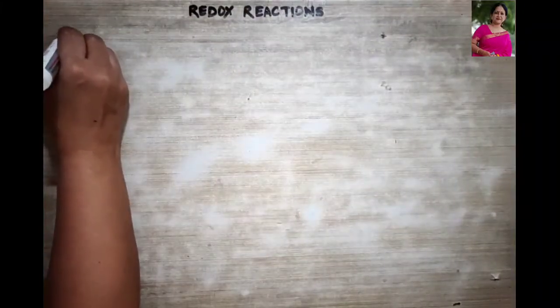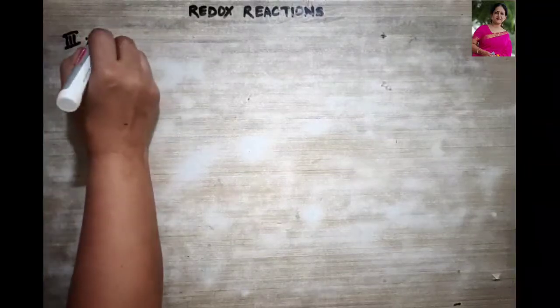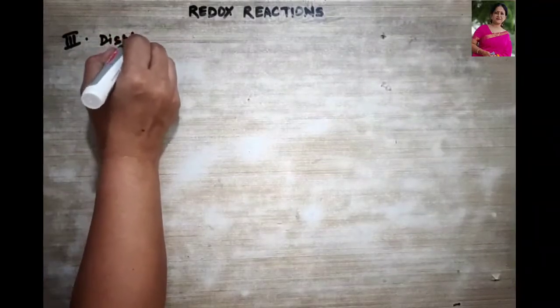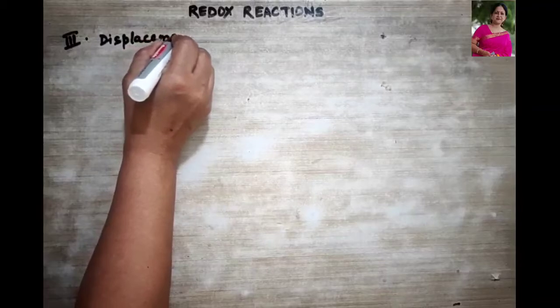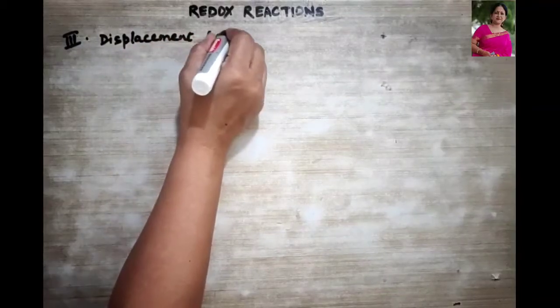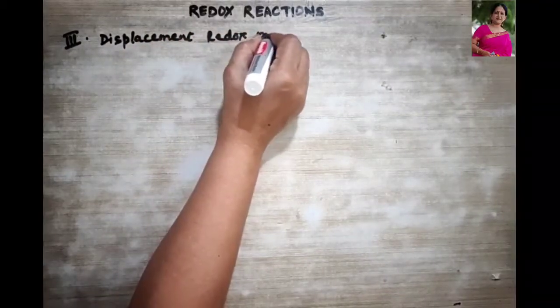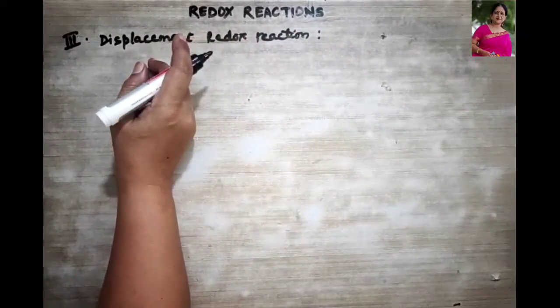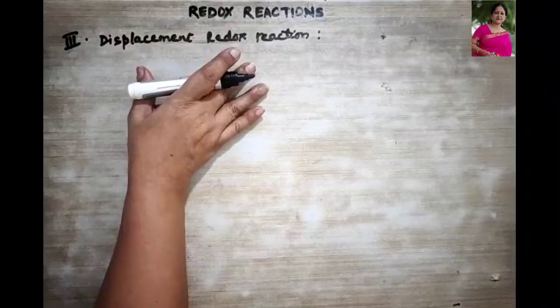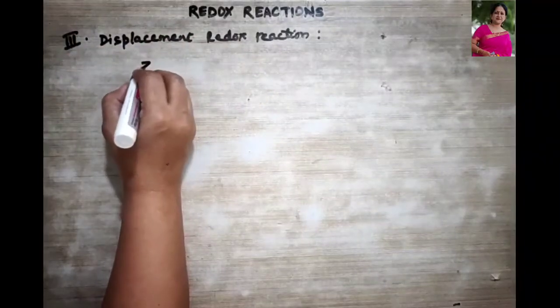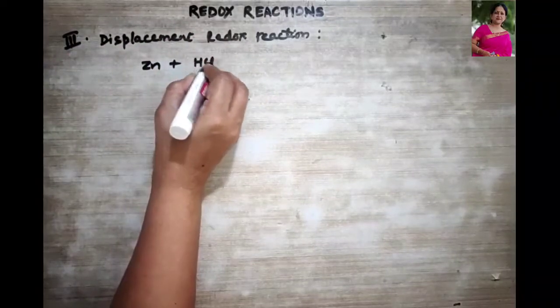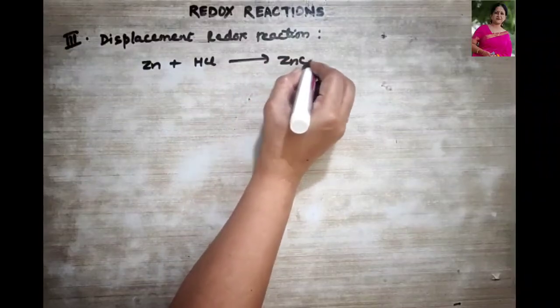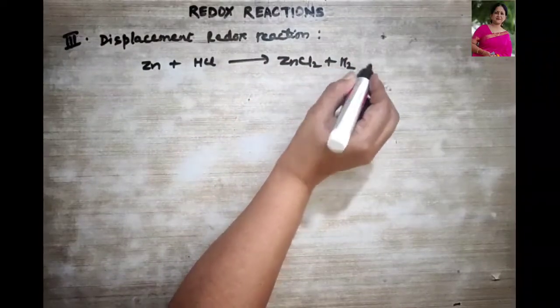Now let's come to the third kind, that is your displacement redox reaction. In a displacement redox reaction, we know that one element is replaced by the other. For example, if you remember, Zn plus HCl is going to give us ZnCl2 plus H2, right?